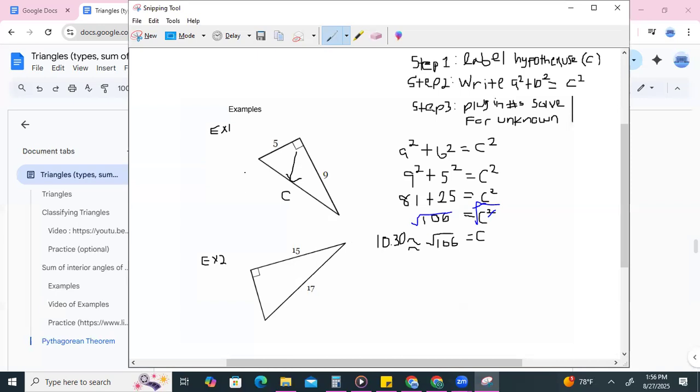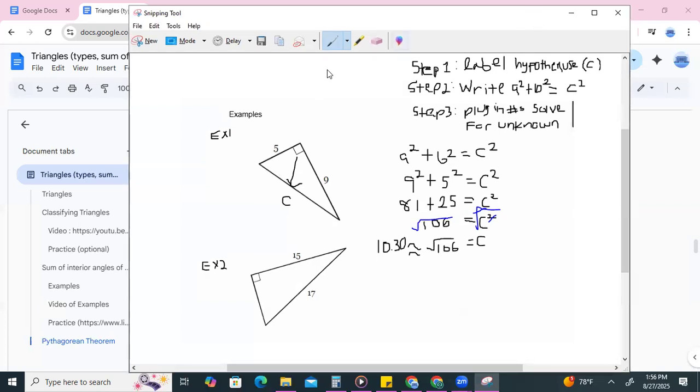And so we get our final answer for example one. Our missing side is approximately 10.3. Or if we want the exact answer, the square root of 106.